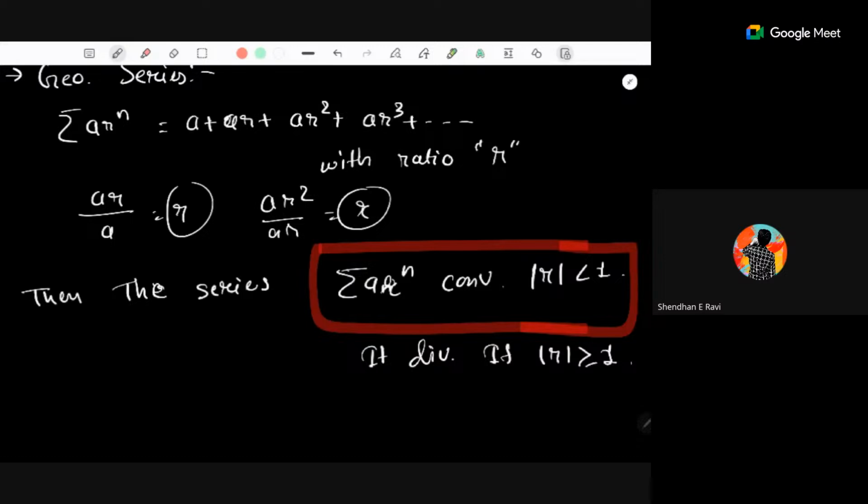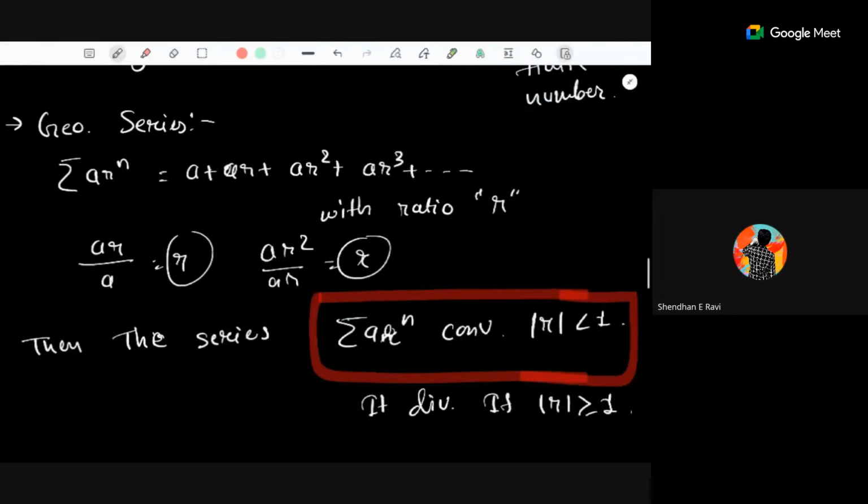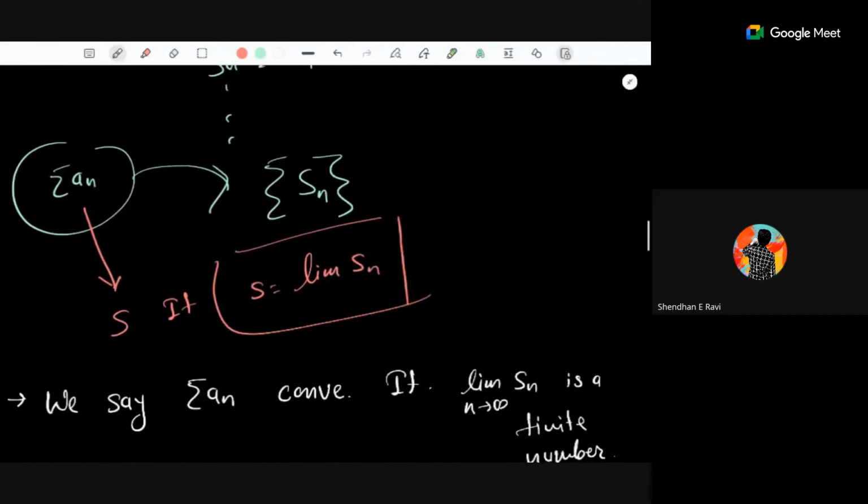This is a very well known and standard result about the geometric series.